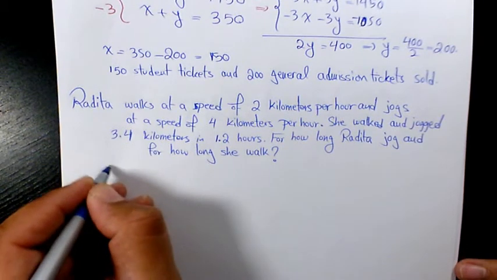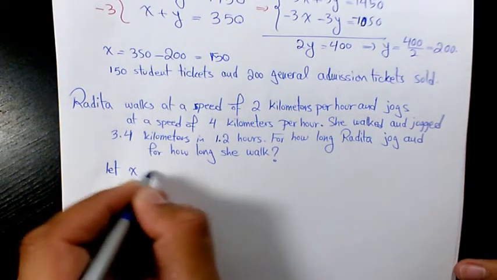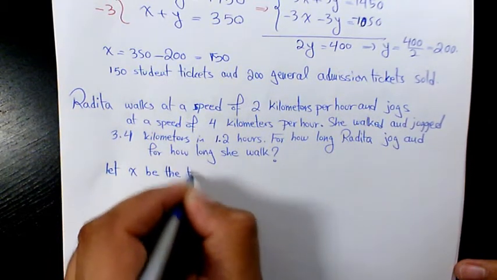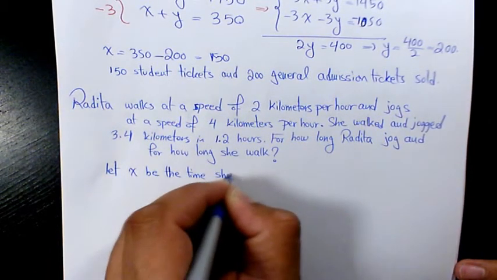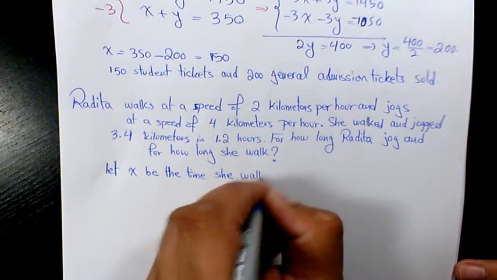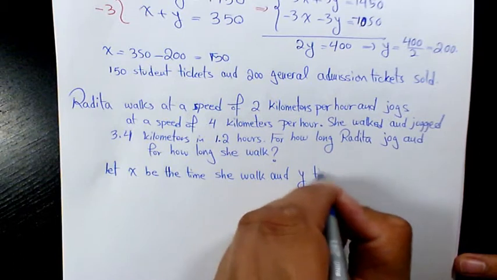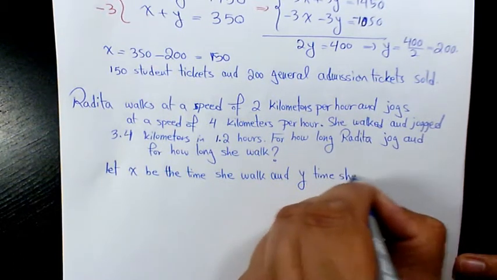So I'm going to say let x be the time she walked and y the time she jogs.